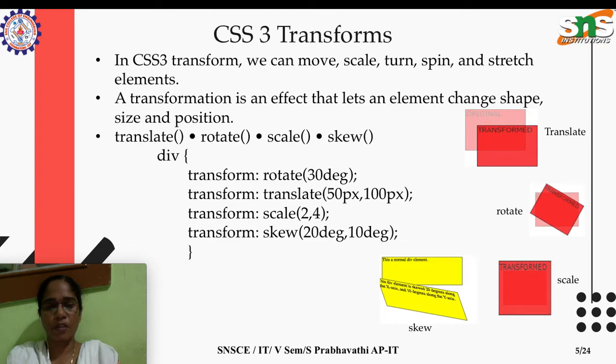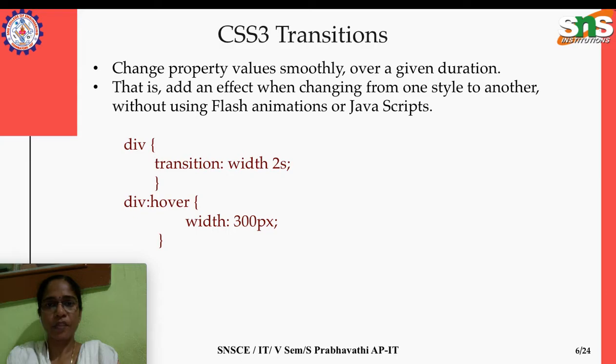So something about the transform property, we are discussing rotate, translate, scale, skew, okay, and transition. So transition, one more property. What it will do is it changes the property values smoothly, okay. From the given duration, changing the style from one style to another style by mentioning the time, it changes the style in a smooth way, okay.